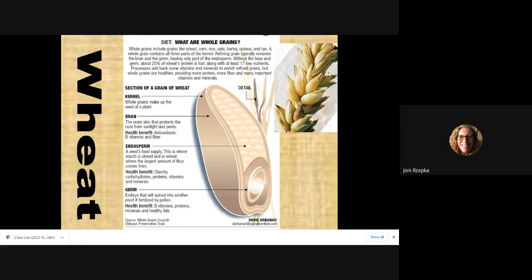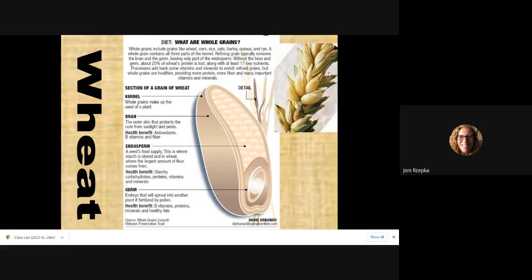So the really important pieces, the bran and the germ, a lot of times those get removed, and we'll talk a little bit about that. But if everything is intact, that's when you're going to hear things like whole, because it's the whole grain that's left behind, and that's where a lot of the nutrition comes from.